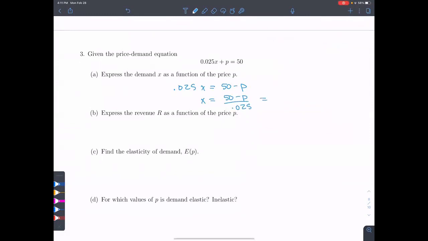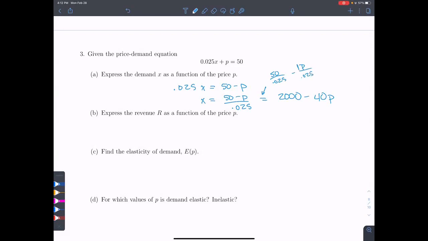So we are looking at 50 over 0.025 is 2,000. And then 1 over 0.025 is 40p. This is just do this in a calculator. Split this up, 50 over 0.025 minus p over, so put in your calculator 1 over 0.025 and you'll get that 40p.